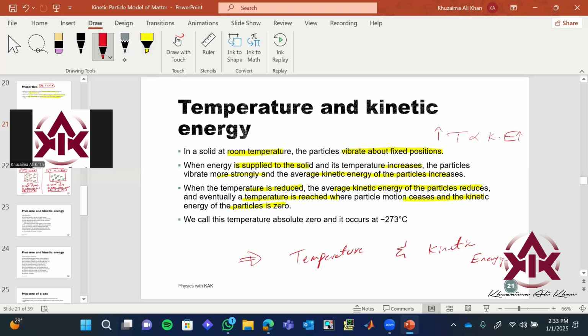As you keep on dropping the temperature and reach negative 273 degrees Celsius, that is the absolute zero temperature. So what is the importance of this? This is the lowest temperature possible, and at this particular temperature the motion of the particles is approximately zero.